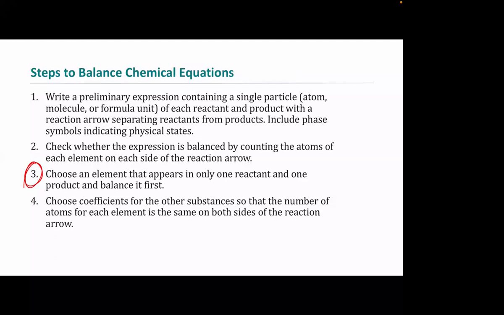If someone says, we burn methane and oxygen, write the balanced equation for that, you have to know that CO2 and water are the byproducts. That's something we'll learn as we go along. You write the appropriate products, then you go about balancing. So you have to have that balanced equation there.